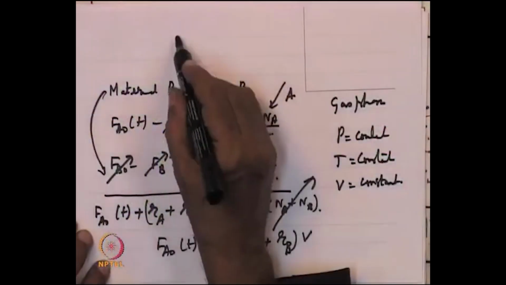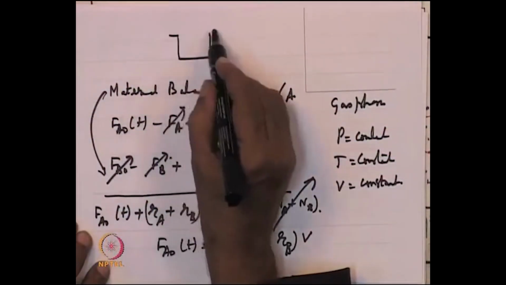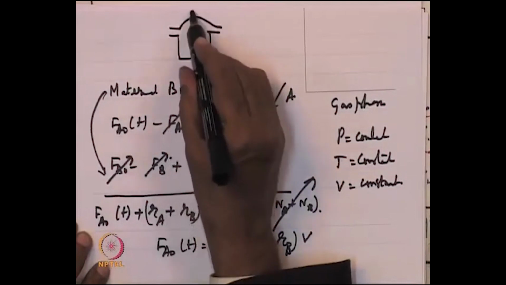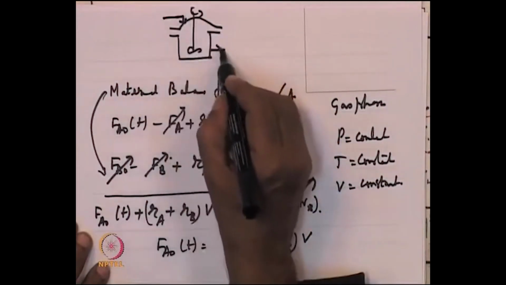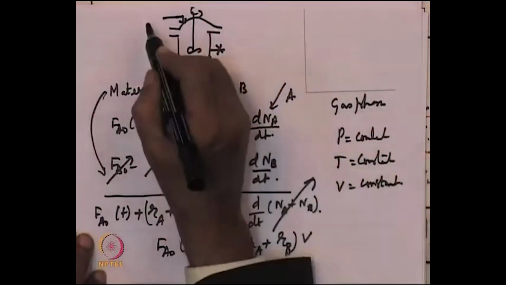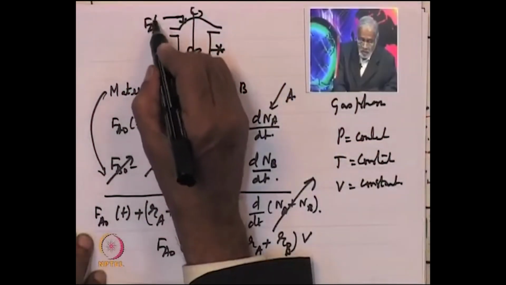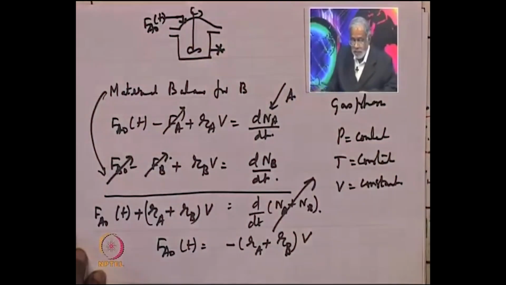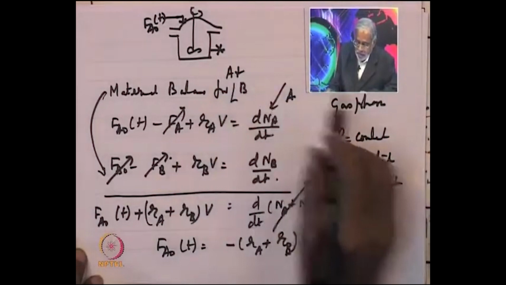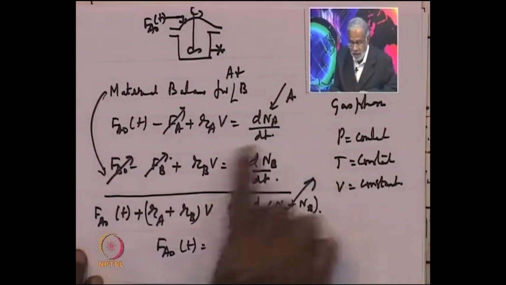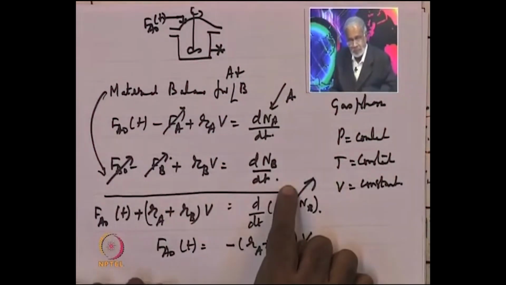Now, let us see how to address this. Let me just draw it once again. We have this feed coming in, but there is no output. This is all Fa0, and it is a function of time. So, if you write a material balance for A and B, let us see what it is.